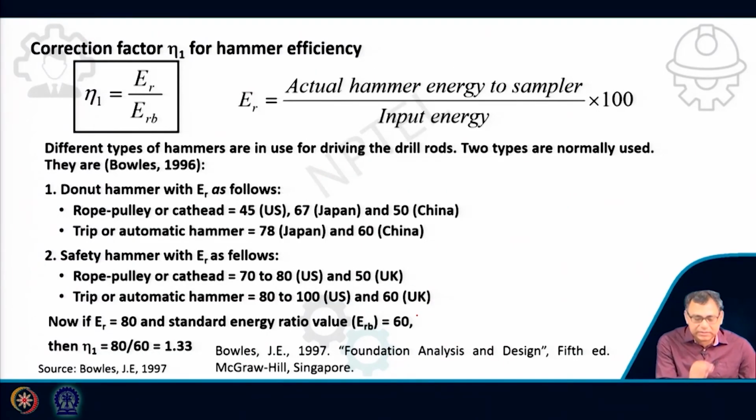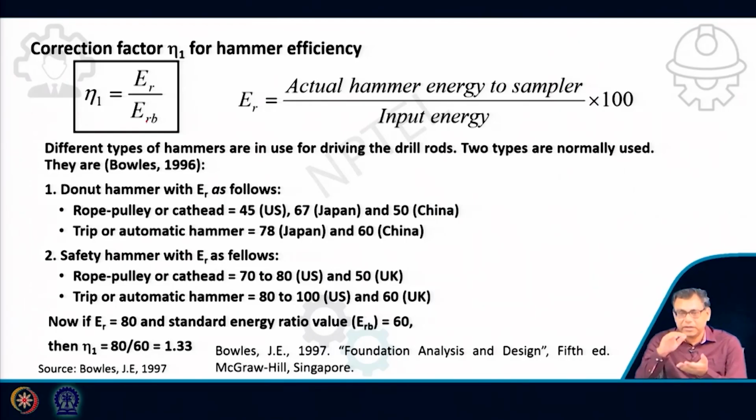Now one by one I will discuss hammer efficiency. Hammer efficiency is ER by ERB. What is ER? ER means the actual hammer energy that is applied to the sampler, divided by the input energy. It is a standard test, so you have a standard height and standard weight.